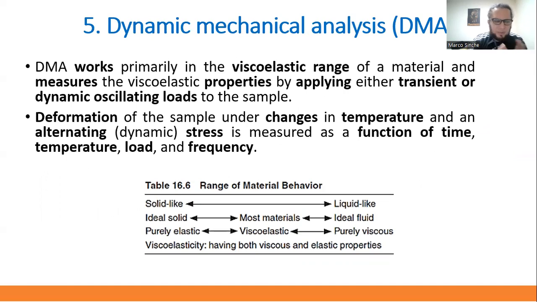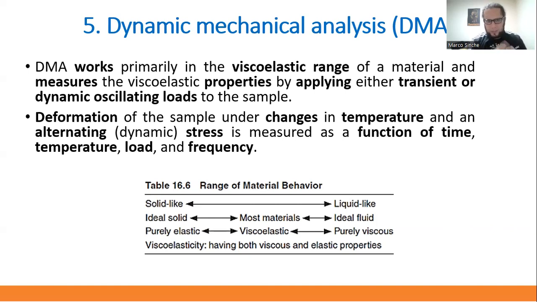Moving to the dynamic mechanical analysis, represented with the letters DMA. It is a similar study compared to TMA, but in this case, it works primarily in the viscoelastic range of a material and measures this type of properties by applying transient or dynamic oscillating loads. In the previous case, it was static. In this case, it's dynamic.